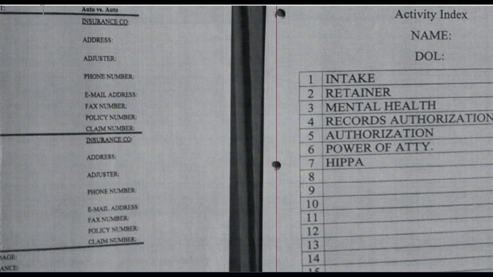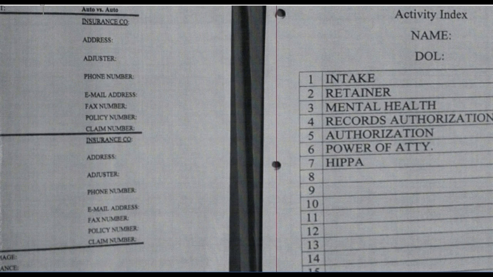On your left side, you're going to see the INS sheet, the most important form you're going to have in that file, because that is where you put your client's general information, the date of the accident, what kind of accident, if it's pedestrian, auto versus auto, and the first party insurance information: name, address, adjuster, phone number, email address, fax number, policy number, claim number.